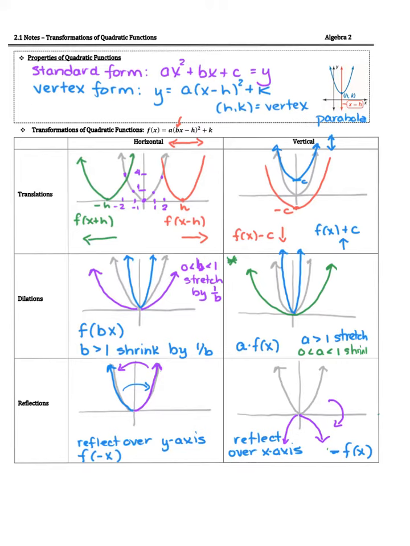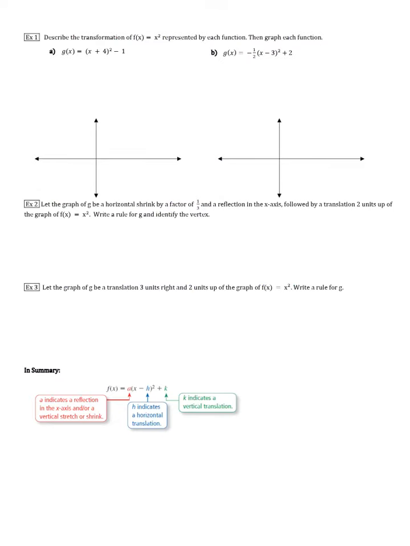Okay? So now we're going to look at how we can take an equation and in words write what the transformation is, and then graph both the parent function and the transformed function. So in this first example here, and again, order matters, but not necessarily when everything is just a translation.